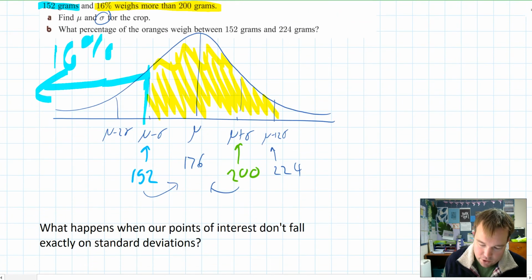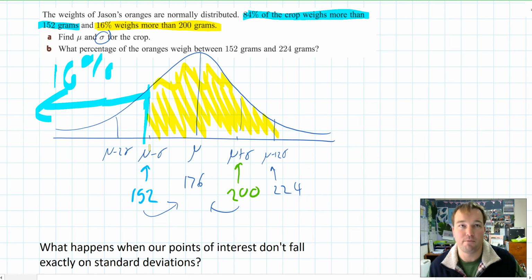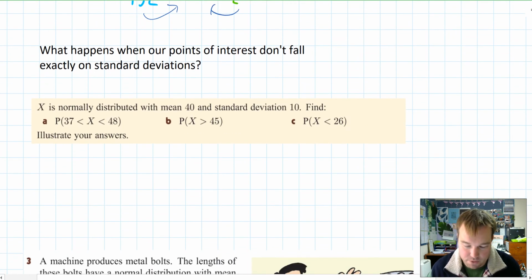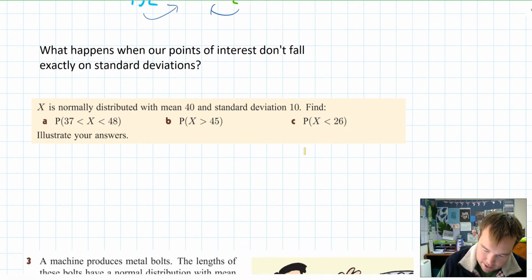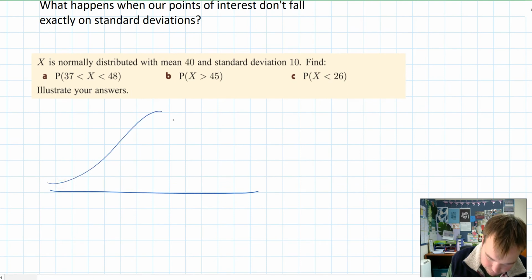Alright, note how all the questions so far have fallen exactly on standard deviation boundaries. And this leads us to be able to be very predictable in terms of the curve. But what happens when our points of interest don't fall exactly on the standard deviation? So here, if we have x distributed normally with a mean of 40 and a standard deviation of 10.